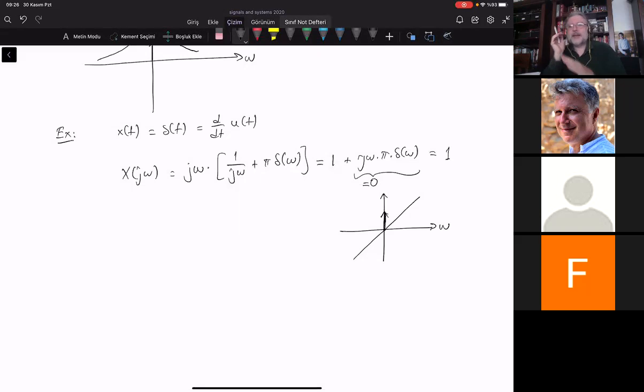But coincidentally, I'm just multiplying the impulse at the point of 0, which would make it 0 times the impulse, which is 0. So that's why we don't have this part anymore, and we get 1, which is correct. We know that the Fourier transform of an impulse is equal to 1. So no big surprise here.